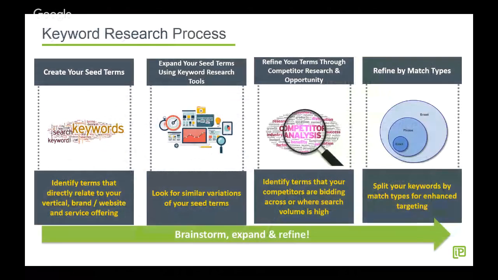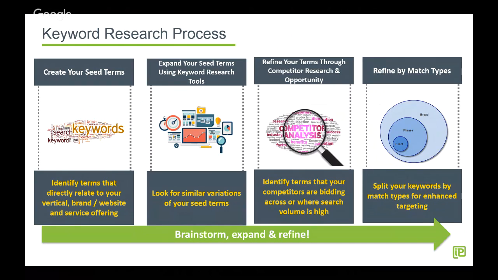So in terms of the keyword research process, there are essentially 4 areas which we'll cover off today. We'll move left to right in terms of how we're covering that off. The first section will be focused on creating your seed terms. So this is identifying those generic terms, and we can do that through looking at the actual vertical that we're in, or the website, or just our products in general.